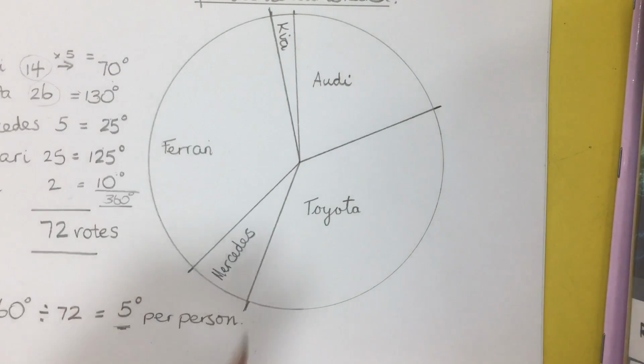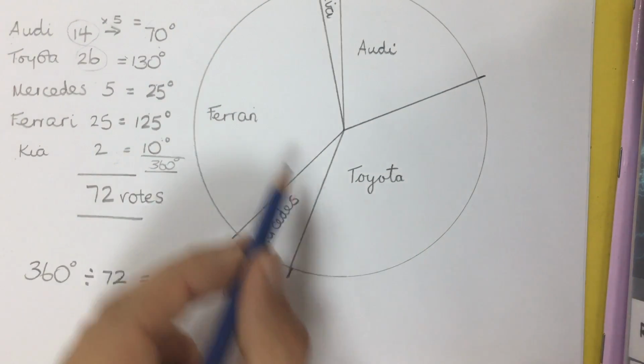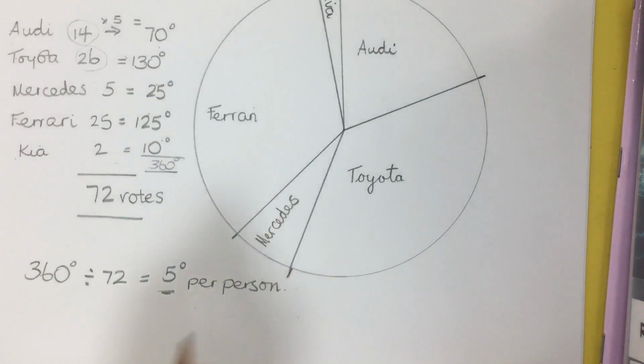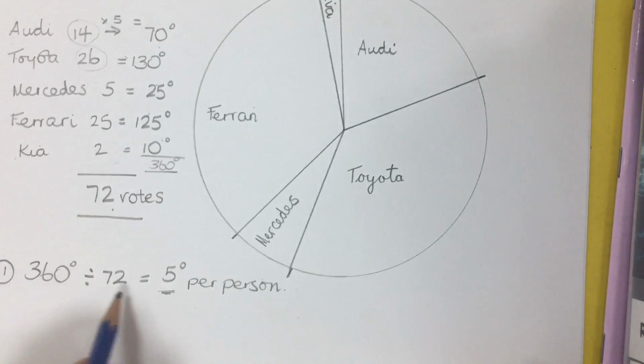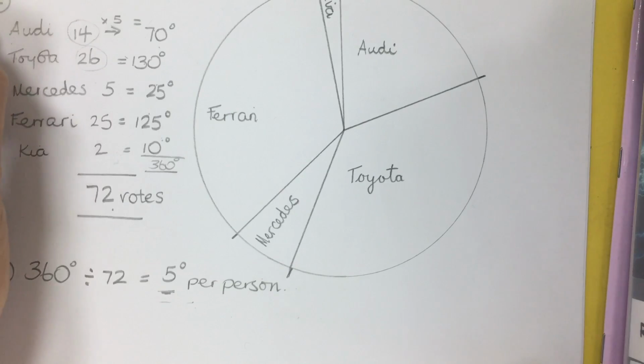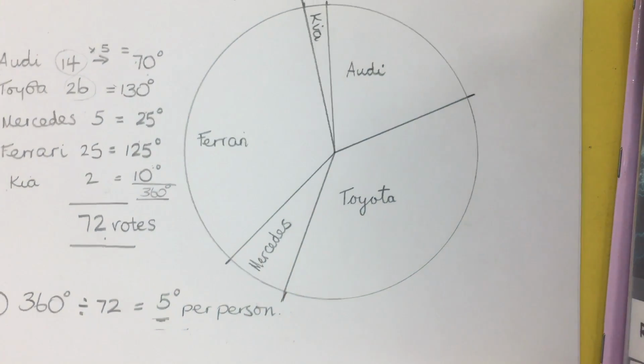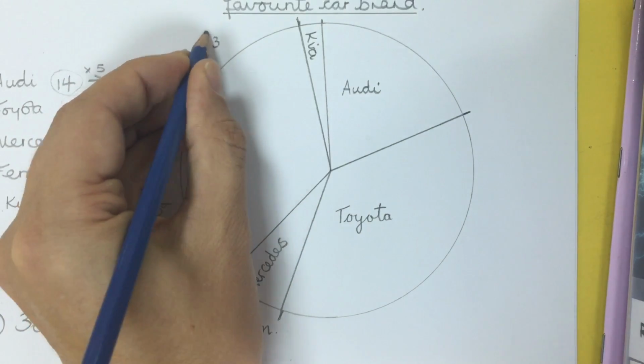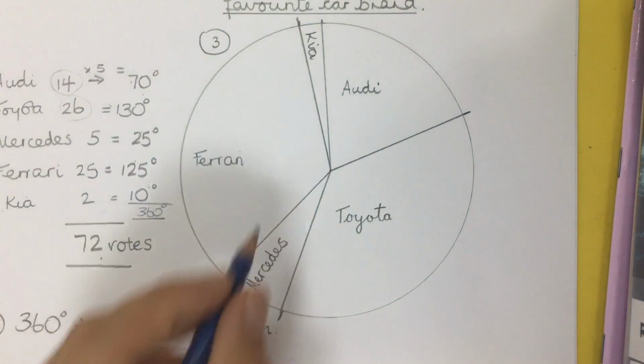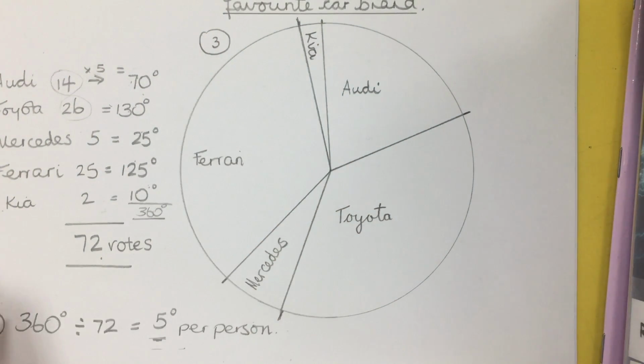So, 3 big steps. 1, divide the number of degrees in a circle by the number of votes. So that's job number 1. Job number 2 is to convert all of these votes into degrees. And job number 3 is to actually draw the chart itself. So 3 big steps.